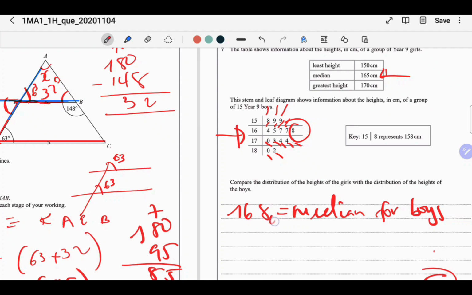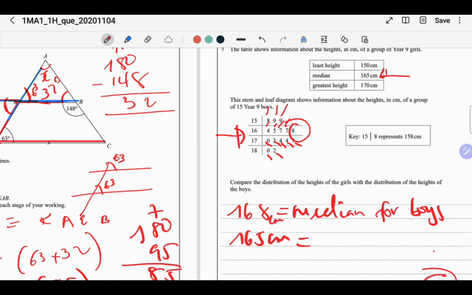This gives information about the height. It means that the boys' height would be higher than the girls' height on average, because the girls have 165 centimeters as their median, so on average the boys are taller than the girls. Now the next thing we can compare is their range.